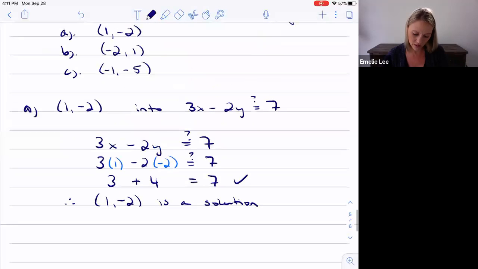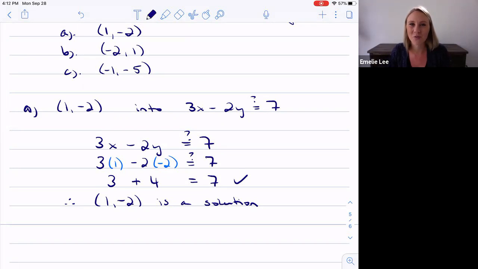Good. So let's do the same thing. Because in these coordinate pairs, the order matters. 1, negative 2 is not the same as negative 2, 1, especially once we get into our coordinate system.